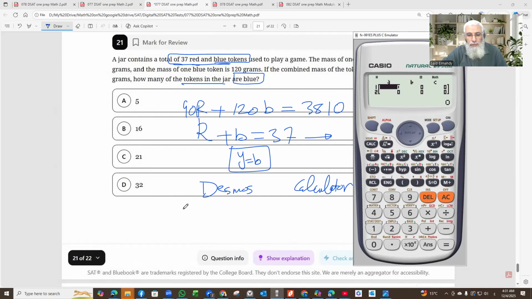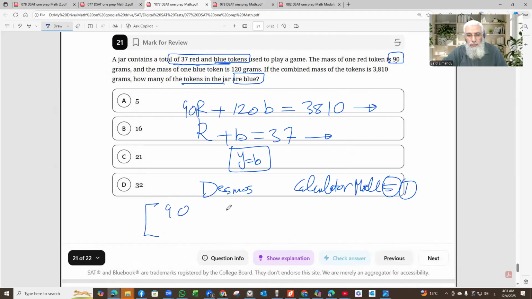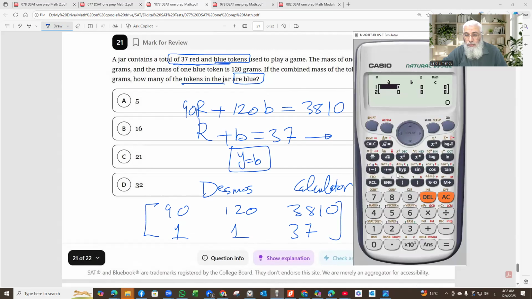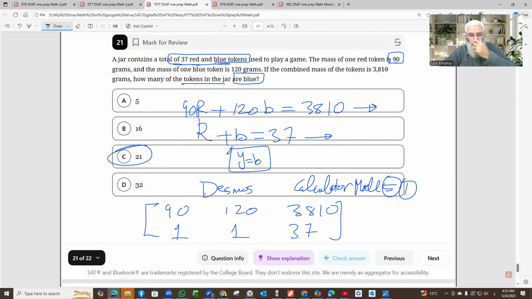We write 90, 120, 3,810, then 1, 1, 37. X is 21, we don't need x. Y is 16. This is B, the blue tokens, y is 16.